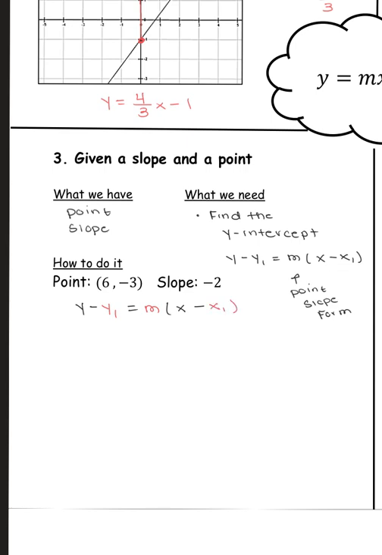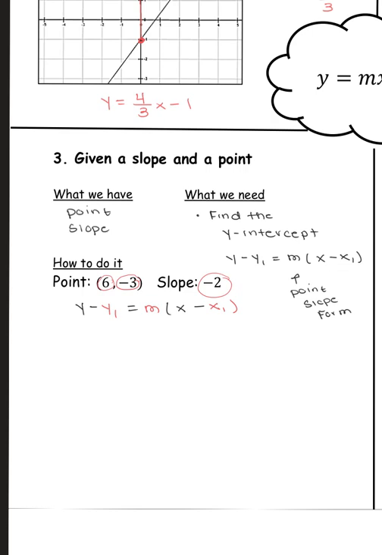The variables that are in red are the variables that we're actually going to replace. So y1 equals the y-coordinate of our point, x1 equals the x-coordinate of our point, and m equals the slope that is given to us.